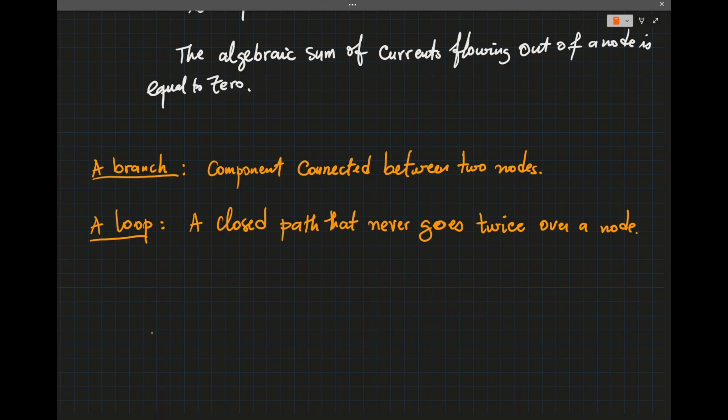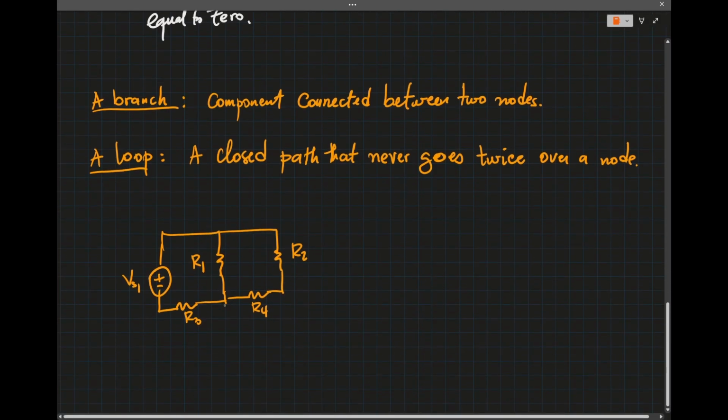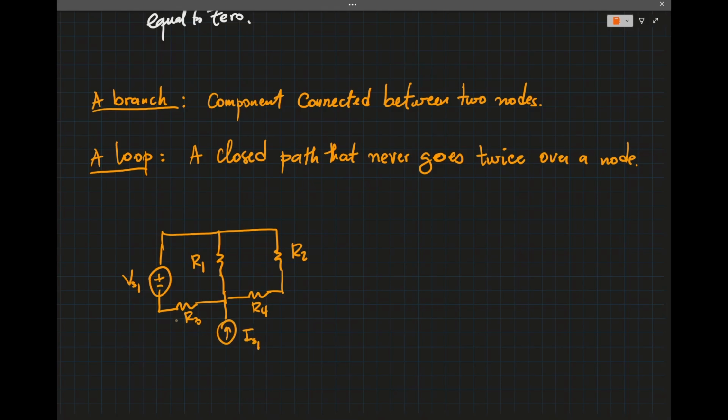Let's say we have this example where we have VS1, and a resistor R1, and another resistor R2, a resistor here which is R3, a resistor here which is R4, and a current source here which is IS1.